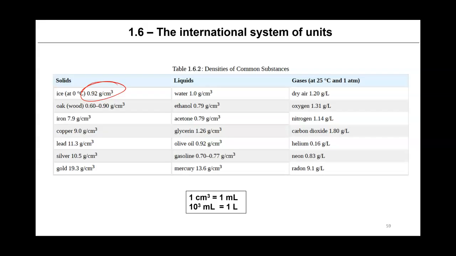Some important things to recall is that a centimeter cube is exactly the same as a milliliter, and that there are 1,000 milliliters in 1 liter. So if I see a density of 1.0 grams per centimeter cube, that's exactly the same as 1.0 grams per milliliter.